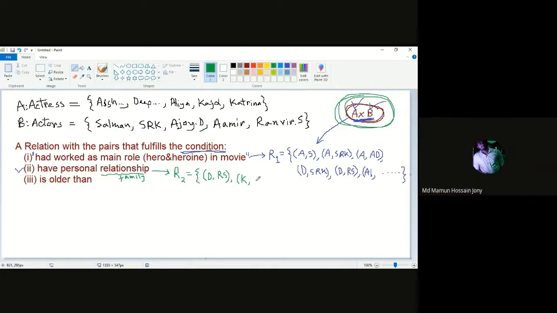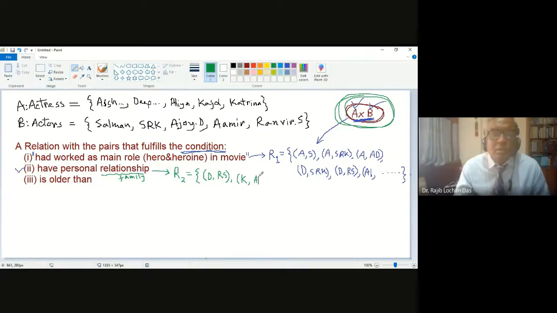Ajay Devgan, AD. So it is one. Any other relation? No. Katrina, does she have any relation? No. So we have only two elements here. That is also a subset. That is also a relation, and this relation is based on the condition of personal or family relationship. Okay, that is it.